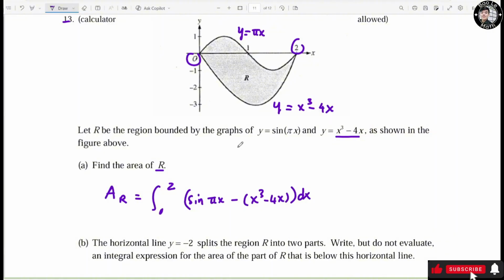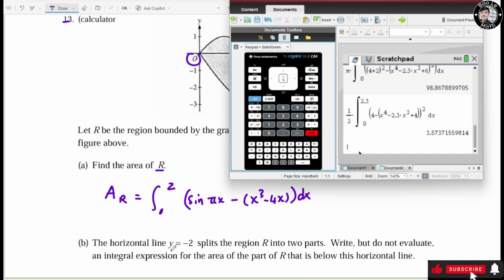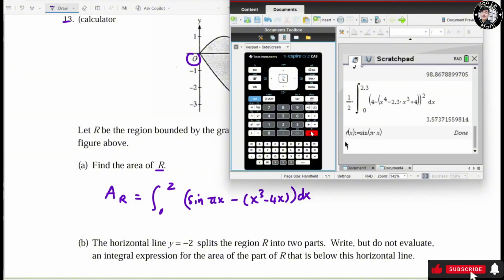Now since we are allowed to use the calculator, we're going to bring up the calculator. So I'm going to store the function sine pi x first, right? Hit control and the button right here, put sine of pi x, press enter. Now second one, I'm going to store the function g of x.